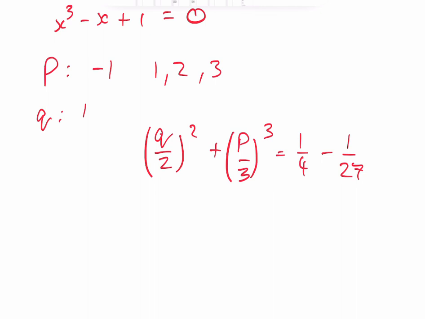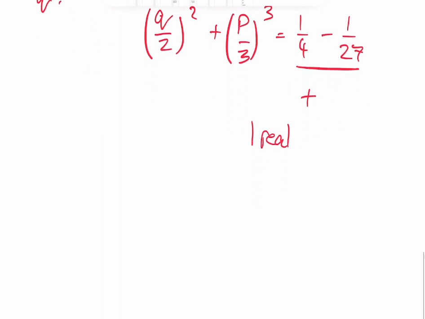And this number here is going to be positive. So we know we'll only get one real solution. Well, that's good. So what we're going to do now is plug this into our cubic formula.